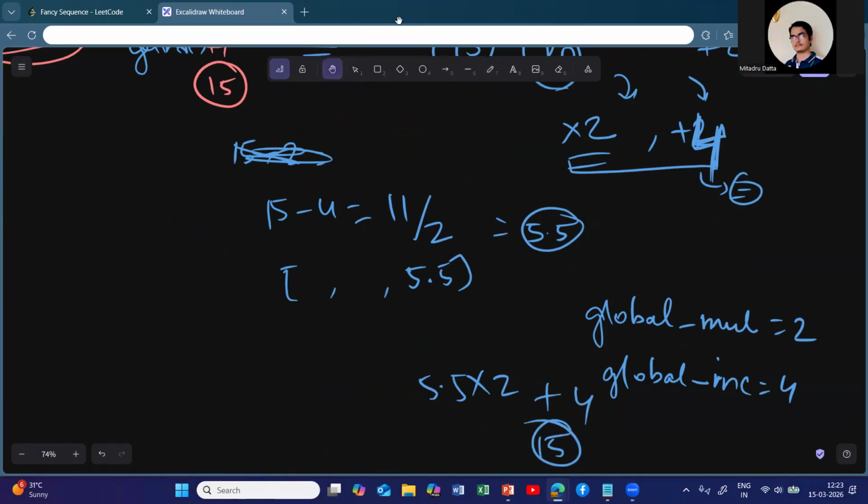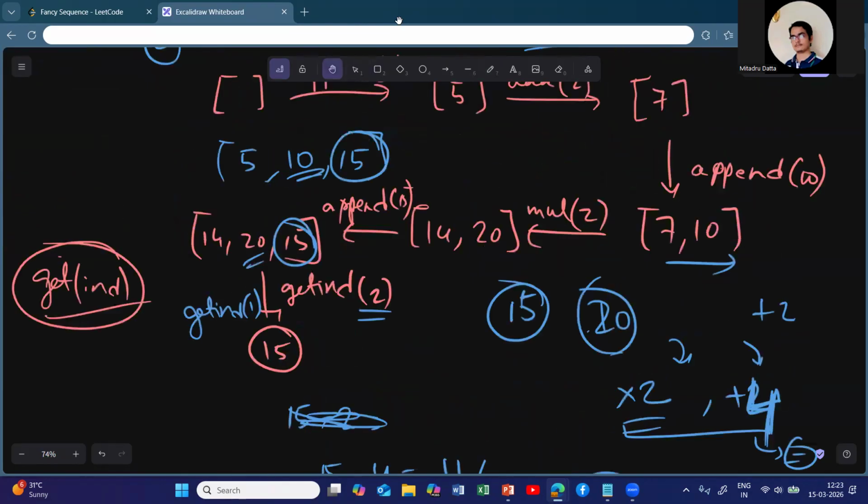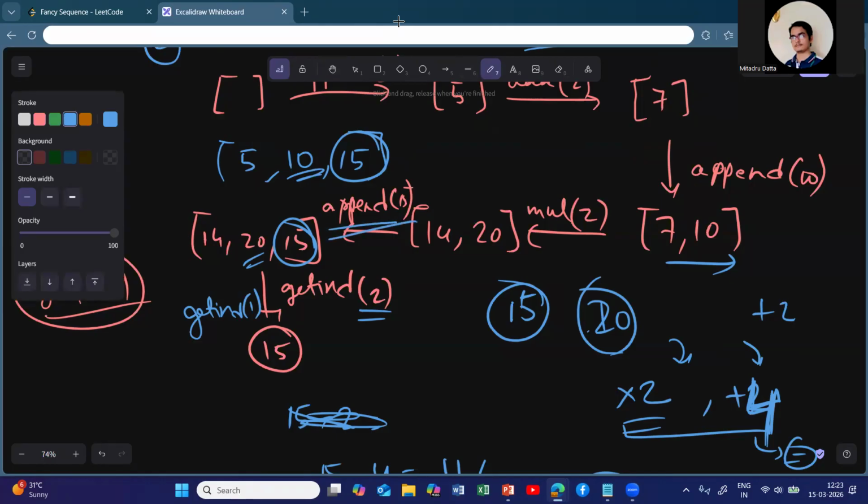So basically the idea is that since you need to do the global multiplication and global addition to each of the elements at the final also, you do not store the actual element while during the append. During the append, you store a modified element. Okay, so the amount which you are supposed to multiply, you divide that amount, and the amount which you are supposed to add, you subtract that amount. Okay, and then store the element.